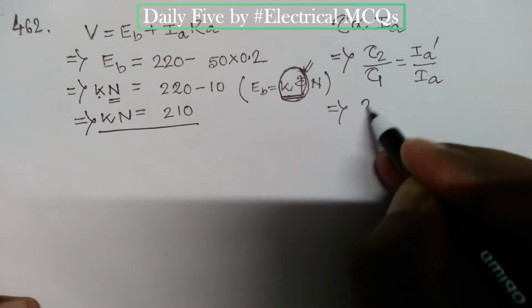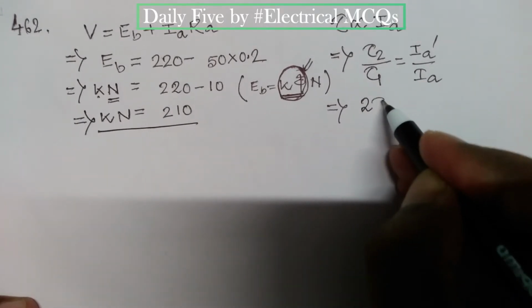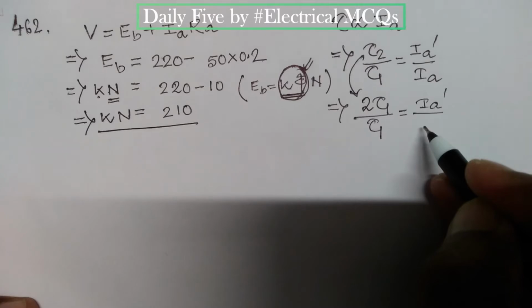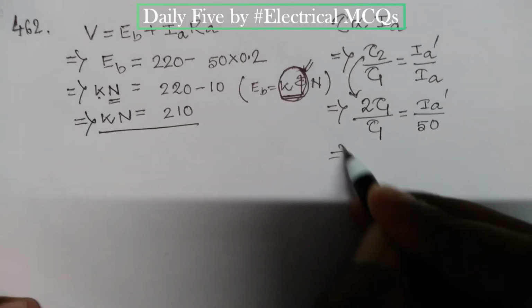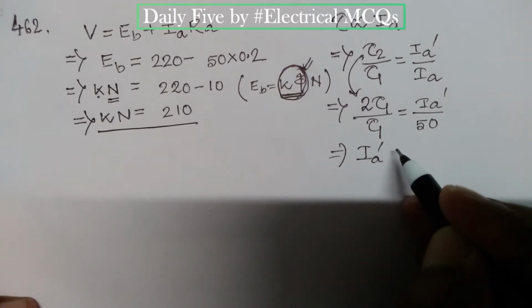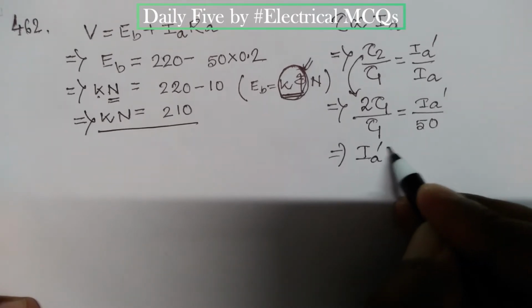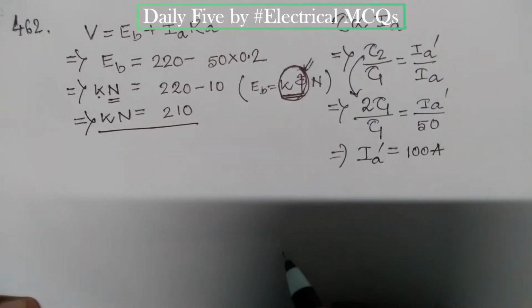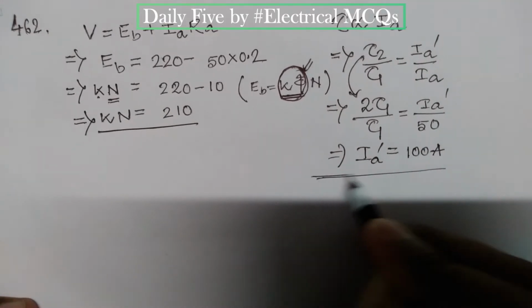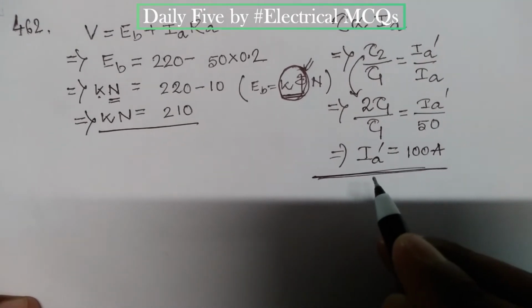Torque has been doubled, so we can write tau 2 equal to 2 tau 1, and we know the initial armature current is 50. So for the next condition, when torque is doubled, Ia dash equals 100 ampere. Okay. Now see, at this condition, what is the speed? That's what we have to calculate.